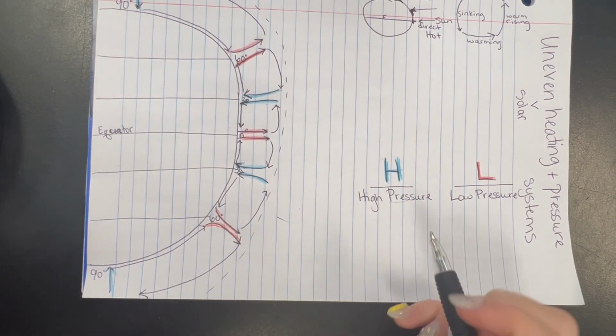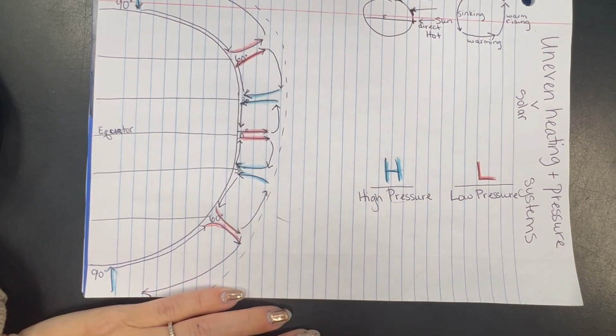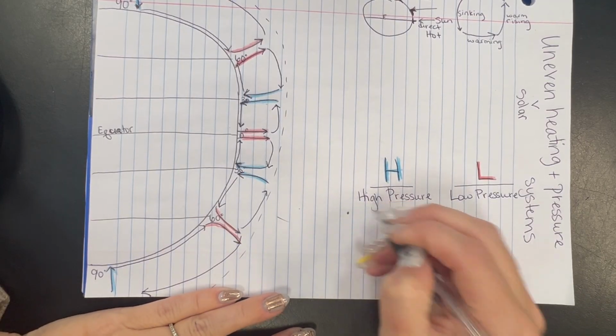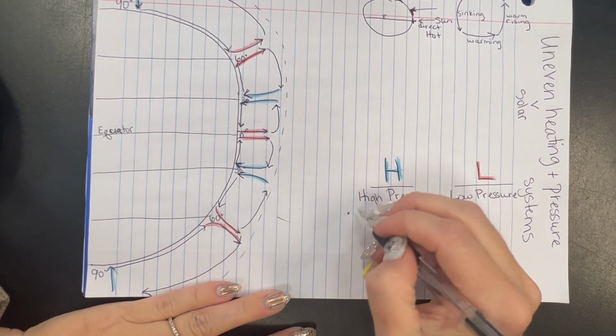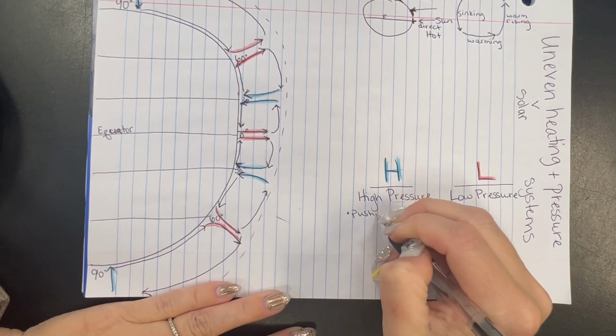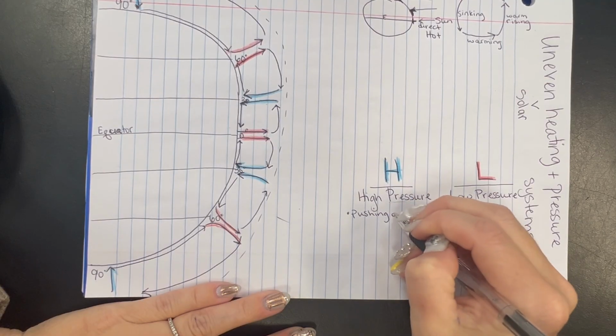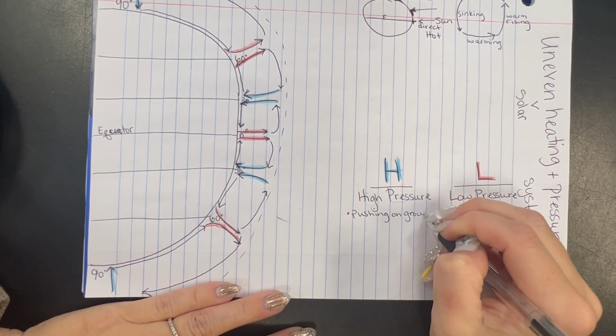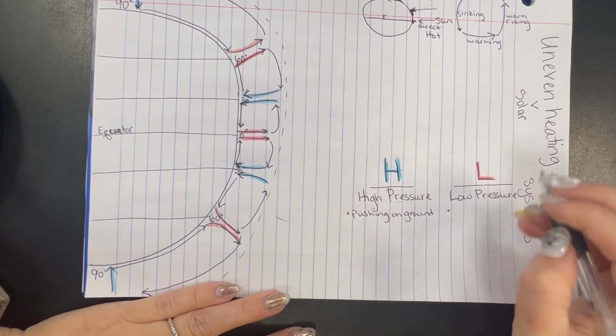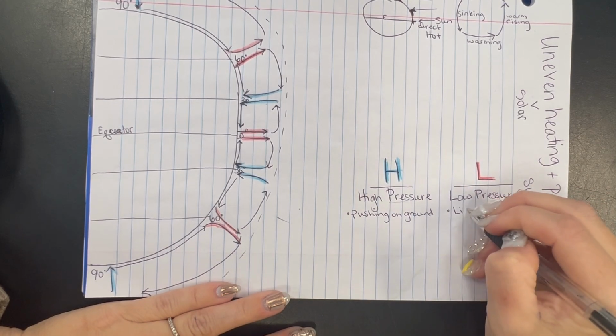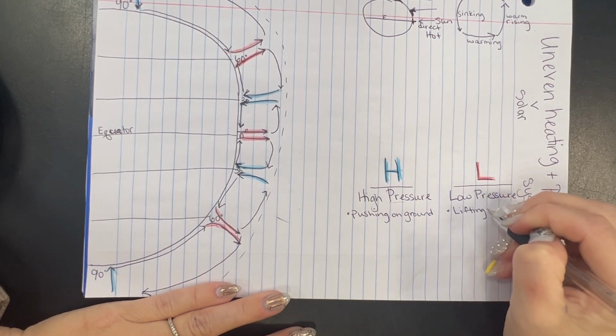All right, high pressure means that it is pushing against the ground. Pushing on ground. Low pressure is lifting off ground.